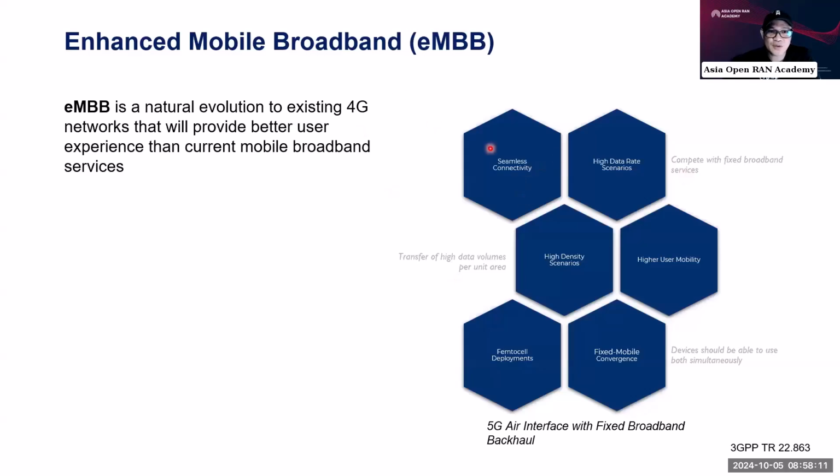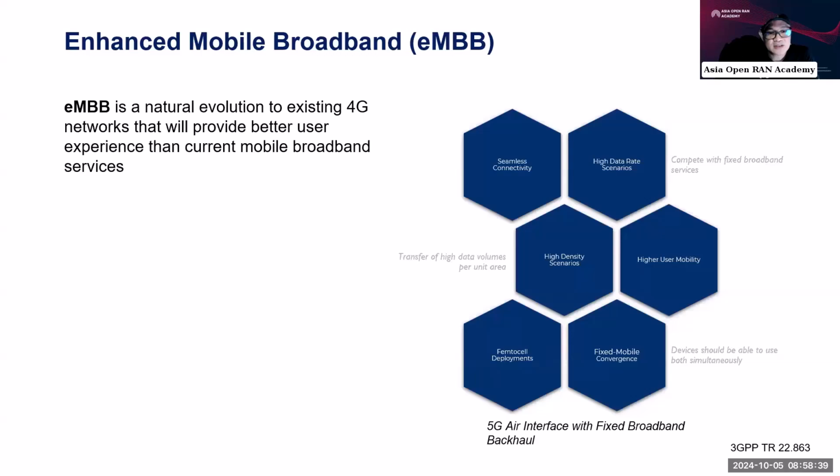So you will have seamless connectivity, high data rate scenarios, high density scenarios, higher user mobility, meron tayong mga fixed mobile convergence, and yung femtocell deployments. Femtocell deployments is something like a deployment in your house, kinakabit siya ng mga operator, but instead of a Wi-Fi access point, para kang merong mini cell site sa loob. So ang lumalabas doon is 5G, okay, not Wi-Fi.